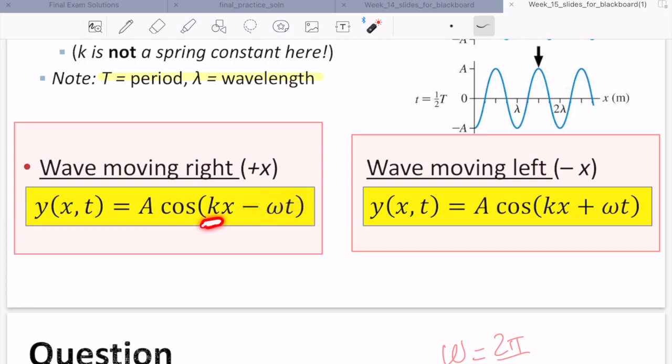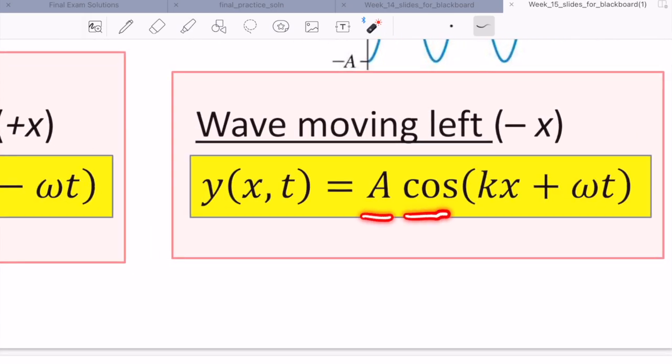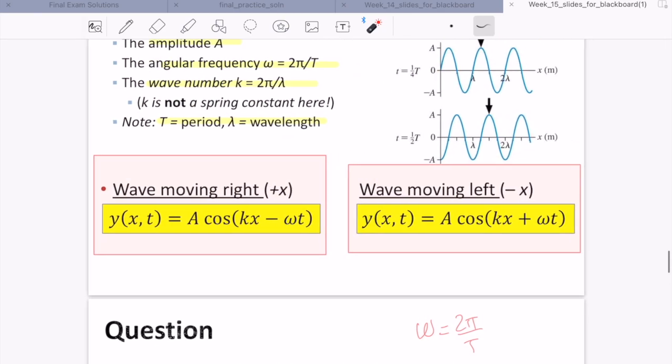So k is your wave number, x is the distance, omega is your angular frequency, and t is the time. If you're moving to the left, it's amplitude times cosine of your wave number times your displacement, plus your angular frequency times your time.